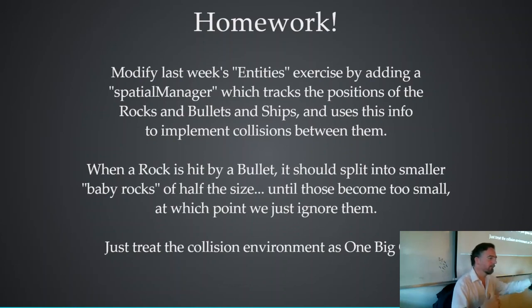You know how we had this thing where the bats and the balls had to know too much about each other, and every time you added something, you had to go and add more collision logic. That's a bad sign, right? It's a bad architecture for a system if whenever you want to make a fairly obvious addition to it, like just adding a new object type to the world, you have to go in and update all the other objects so that they know about it. You've kind of made a mistake.